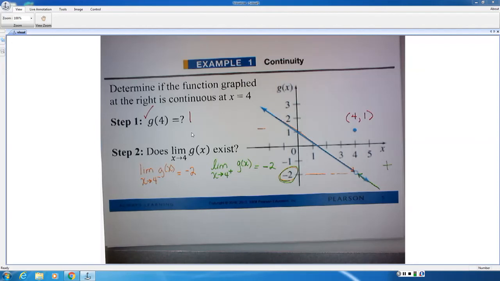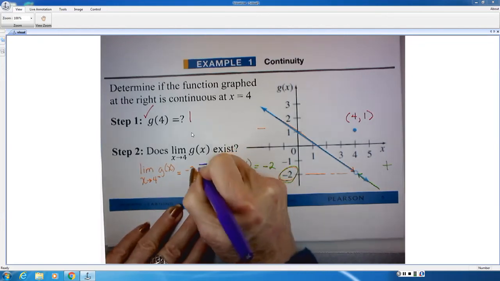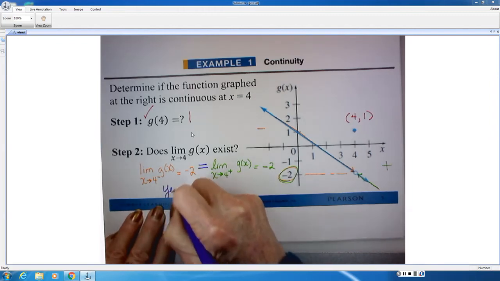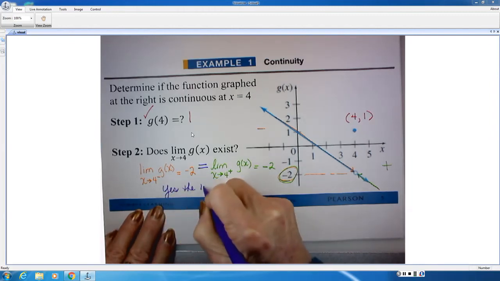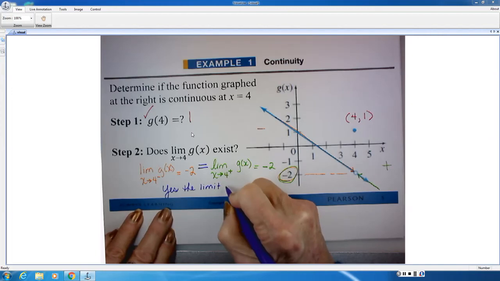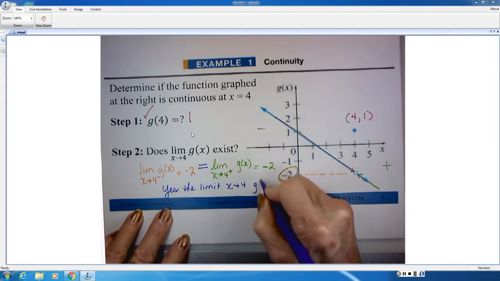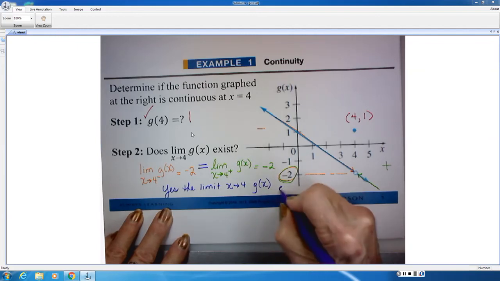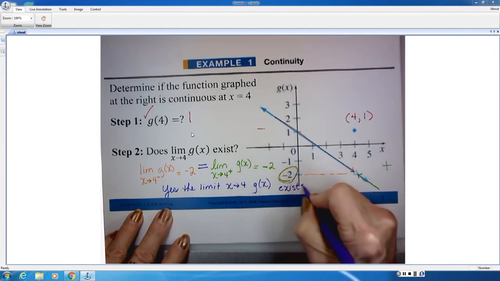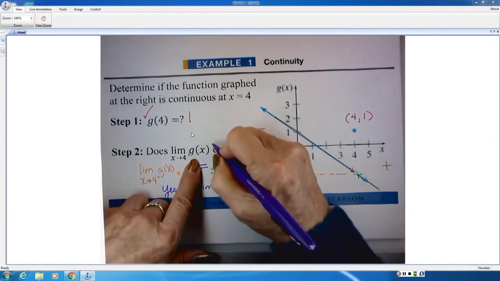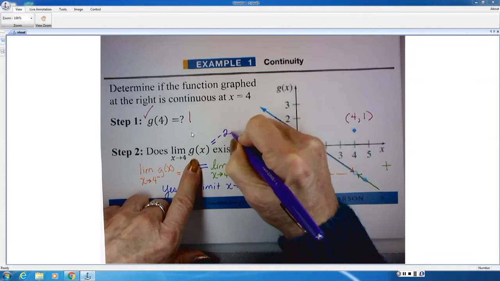So does the limit exist? Yes. Those are equal to each other. So it exists. And in fact, the limit as x approaches 4 of g of x is equal to -2.